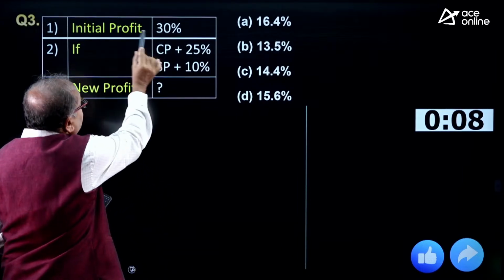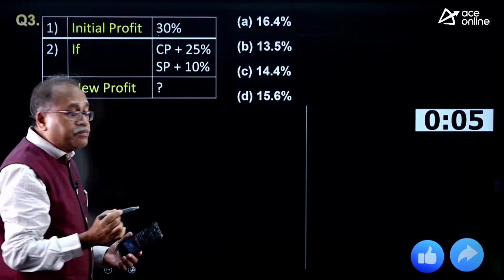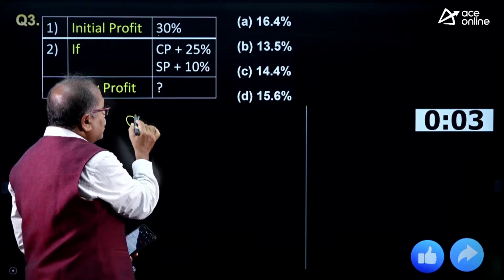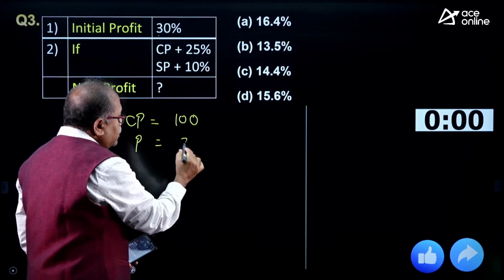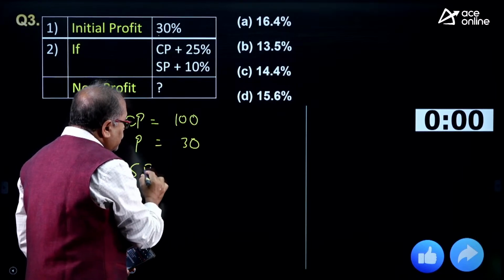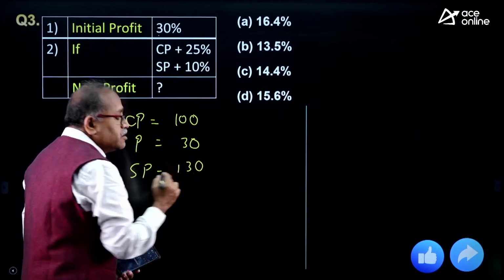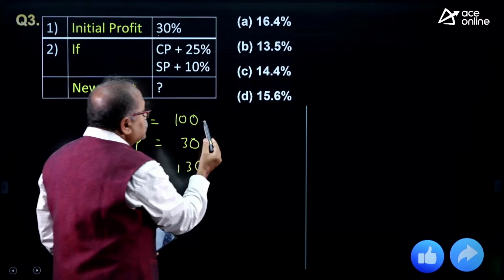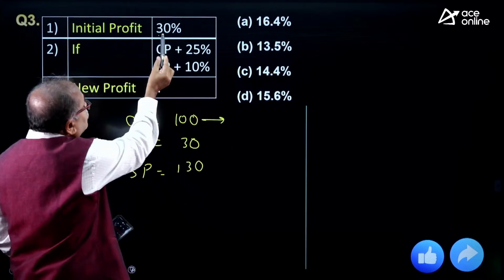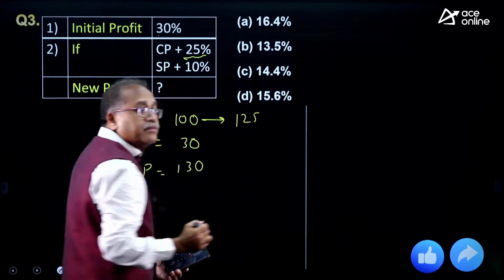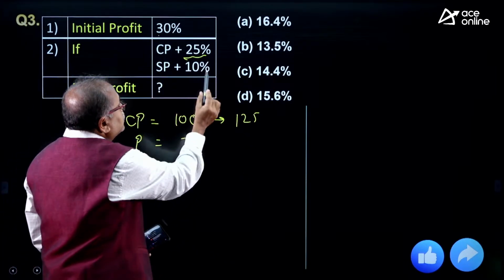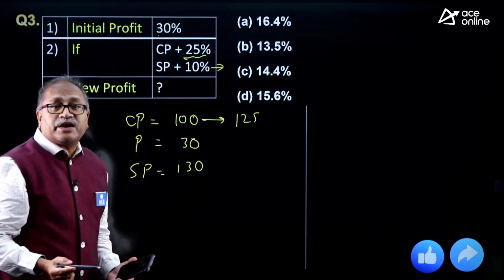So, look at this one. Initially, there was a profit of 30%. That means if the cost price is 100, profit is 30 and the selling price is 130. Now, the cost price has increased by 25%, so it has become 125, and it is also said that the selling price is increased by 10%.